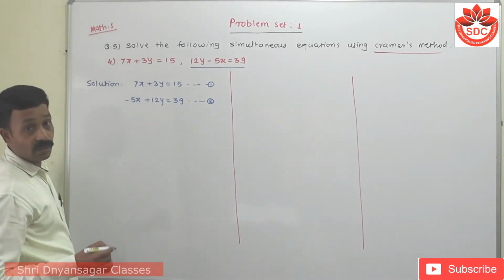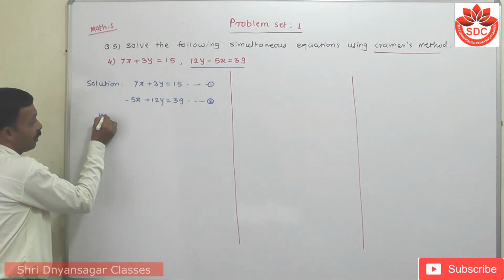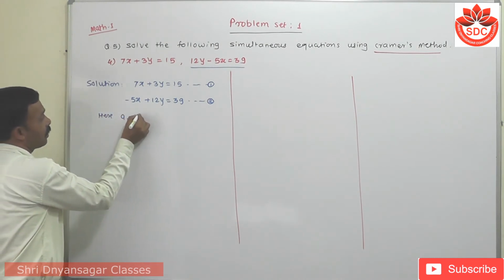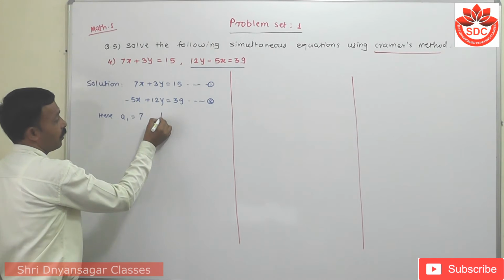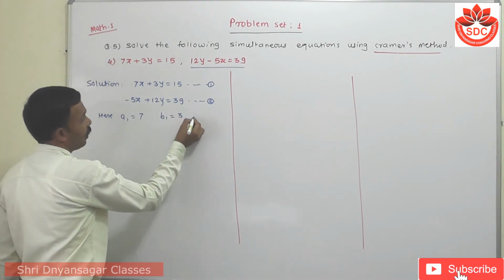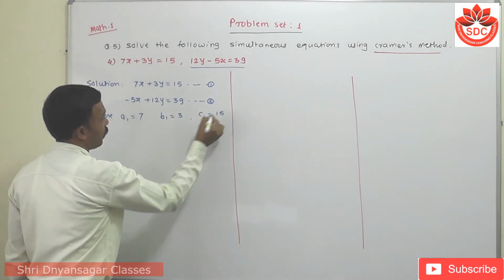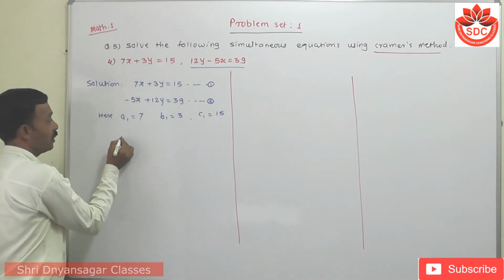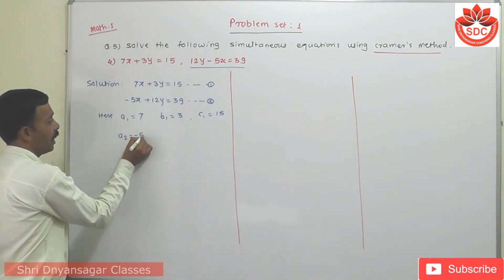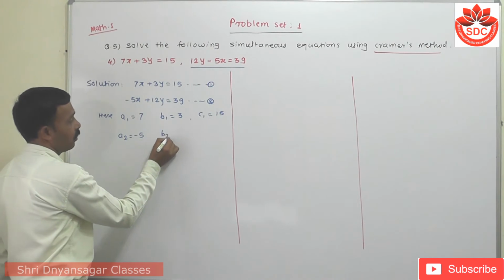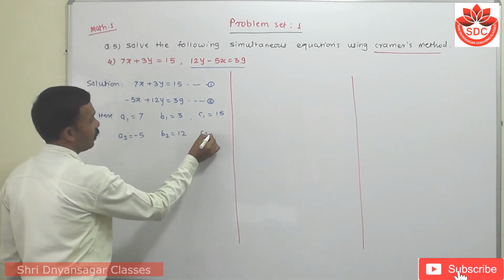By comparing, first we have to write here a1 is equals to 7, b1 is equals to 3, c1 is equals to 15. Here for this equation a2 is equals to minus 5, b2 is 12 and c2 is equals to 39.